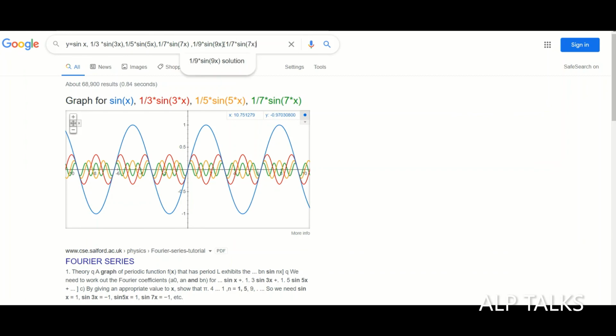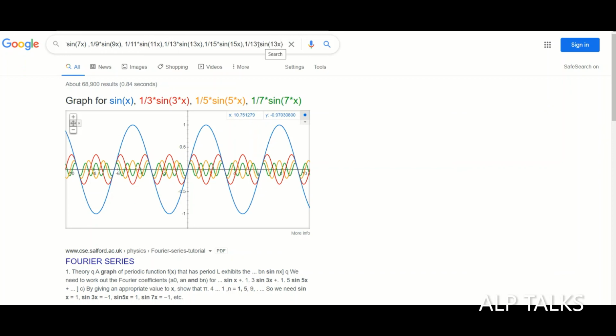Similarly, this is the 11th harmonic, and after 11 we have the 13th harmonic. Let's consider the 15th harmonic, which will be 1/15th of the magnitude and 15 times the frequency.